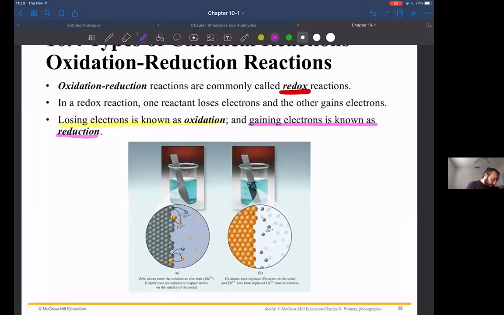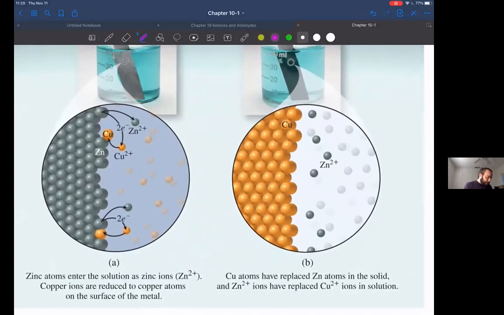So pictorially, this is an example of an oxidation reduction reaction that takes place if you take a piece of zinc metal and you dip it in a solution of copper ions. Again, we're starting with copper ions and zinc metal here. The copper will actually steal electrons from the zinc.